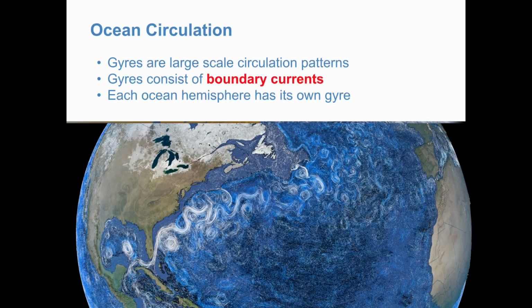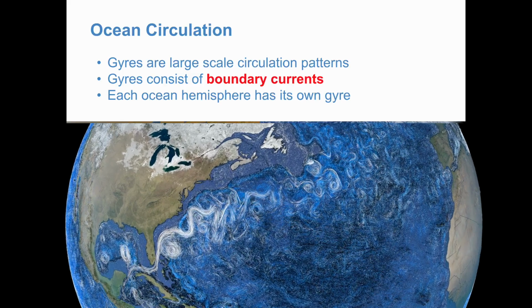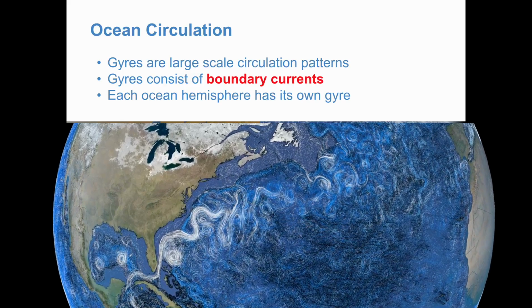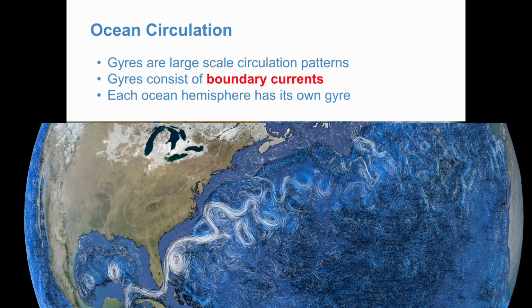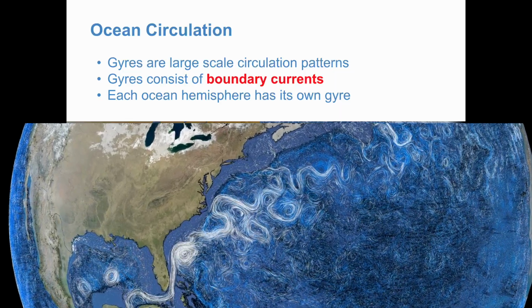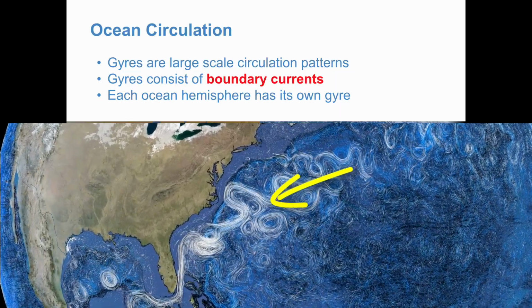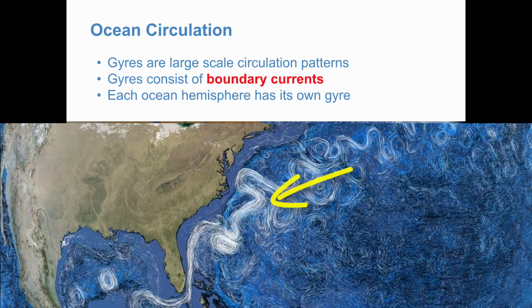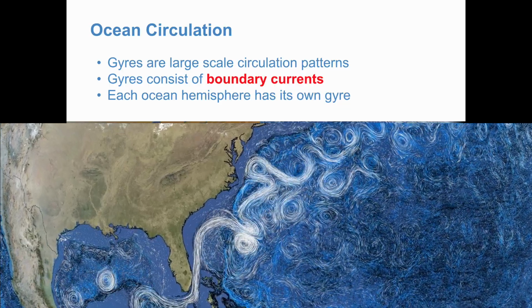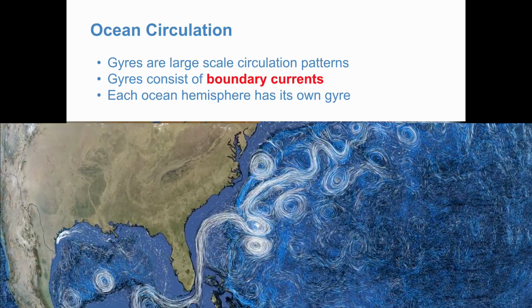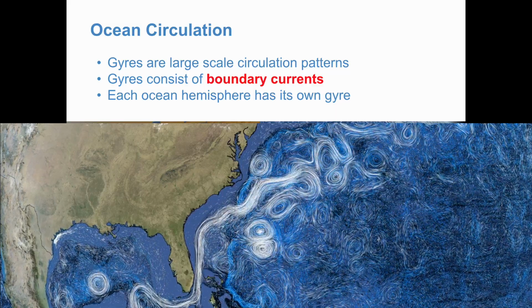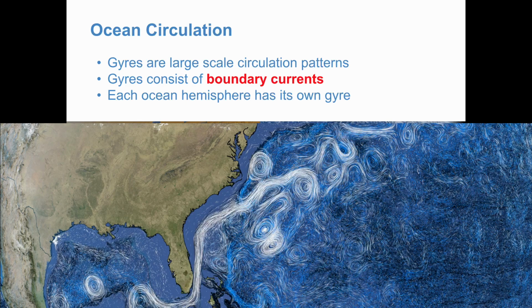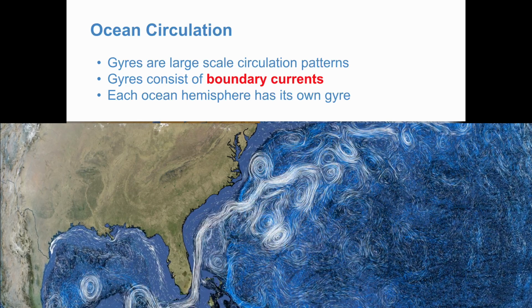Now let's consider some of the ocean circulation that happens within these gyres. We know that these are very large scale, but along the edges we tend to have what we call boundary currents. And these currents flow at a different rate than most of the other water that is circulating throughout these ocean basins. Each ocean hemisphere has its own gyre, and it's moving in different directions depending on your hemisphere.